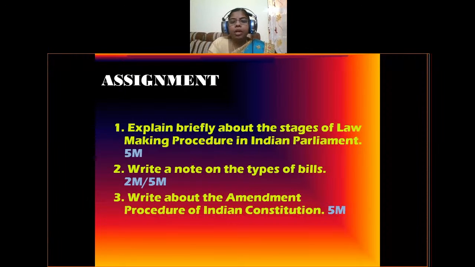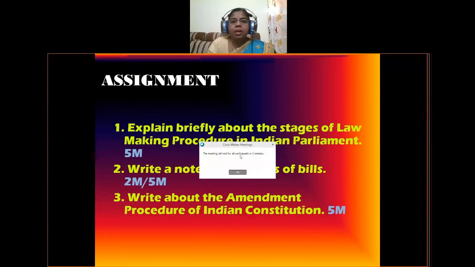We have learnt about the amendment procedure, that our constitution can be amended in three ways. The first is by simple majority, the second procedure is by special majority, and the third procedure is by special majority and half of the approval of the state legislatures.